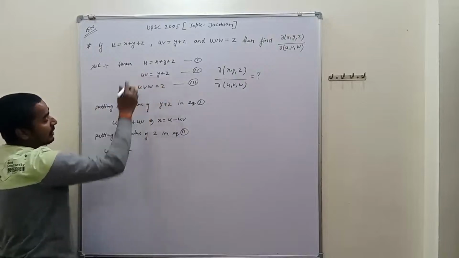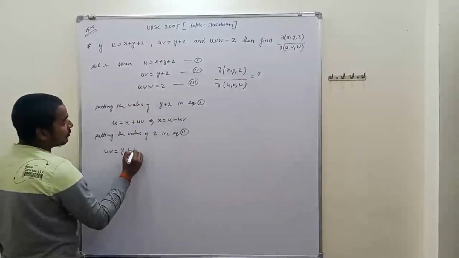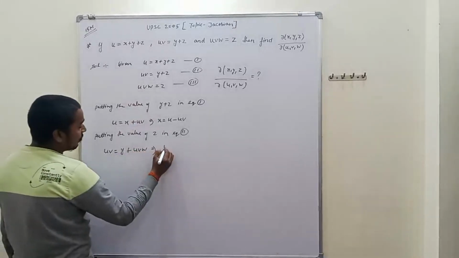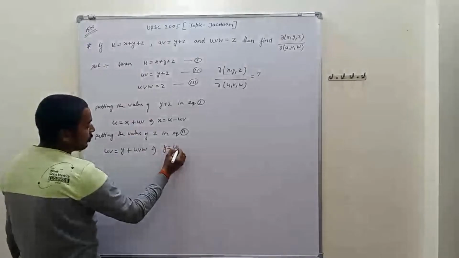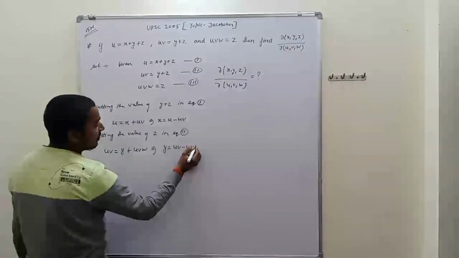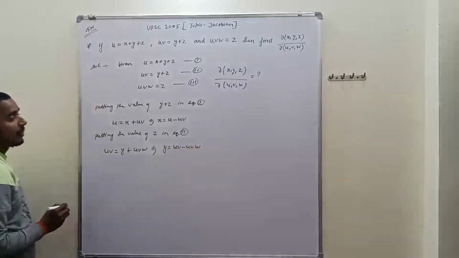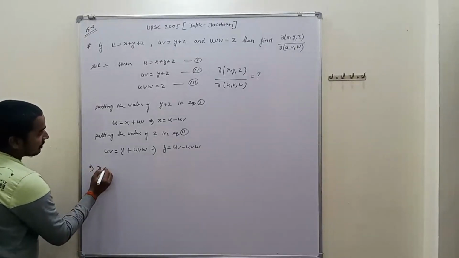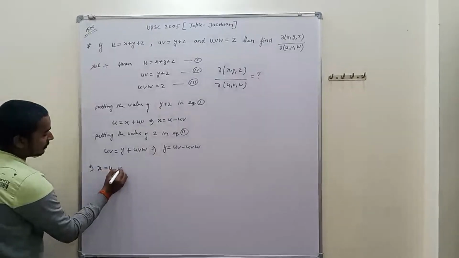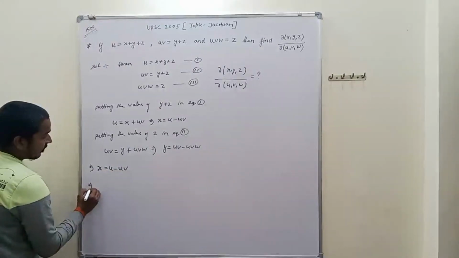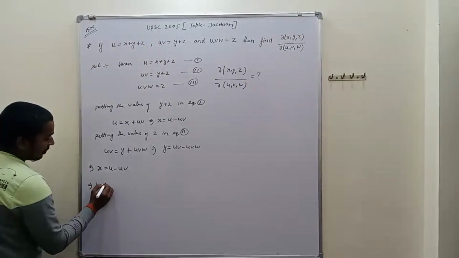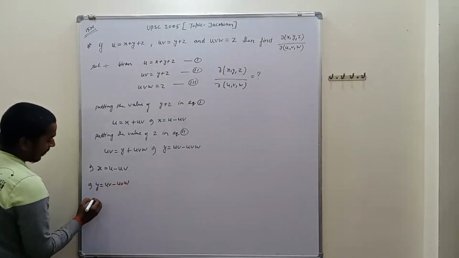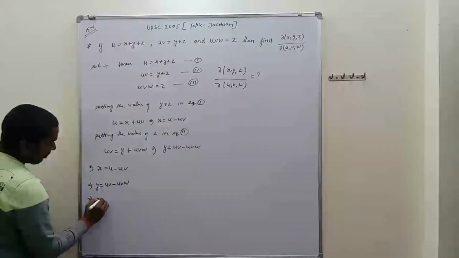In place of z we put uvw, then the equation becomes y is equal to uv minus uvw. From here we get x is equal to u minus uv, y is equal to uv minus uvw, and z is equal to uvw.